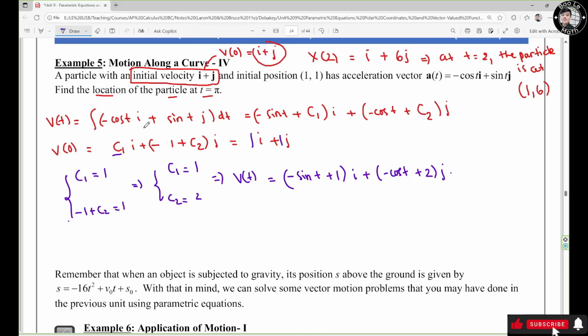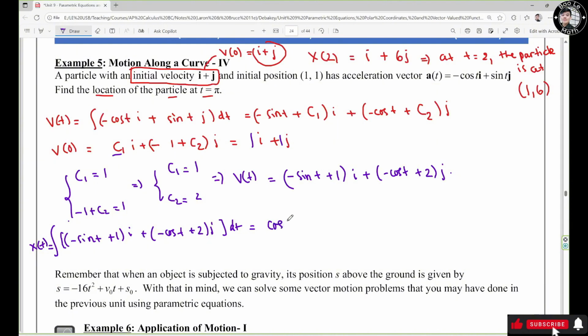Now, to find the position function, take the antiderivative of the velocity function, right? So S of t is the antiderivative of negative sine t plus 1 i plus negative cosine t plus 2 j dt, right? Now, the antiderivative of sine is going to be negative cosine, and you have negative sine, so it becomes positive, right?